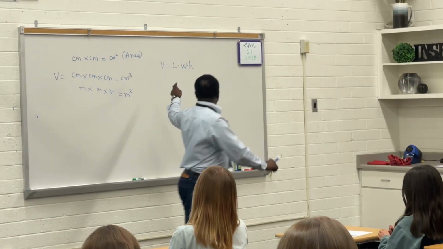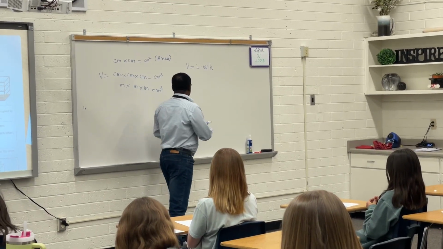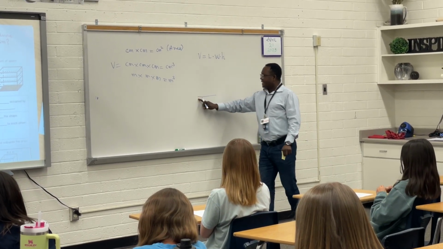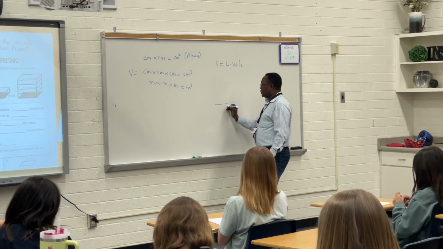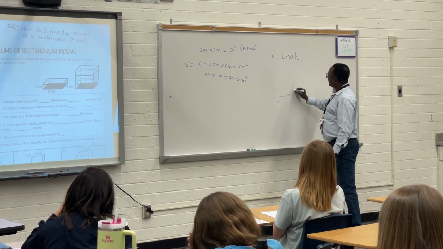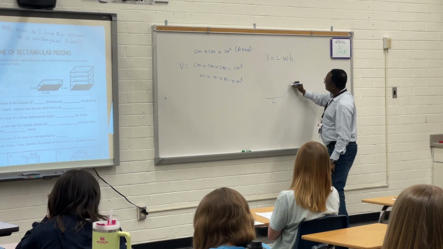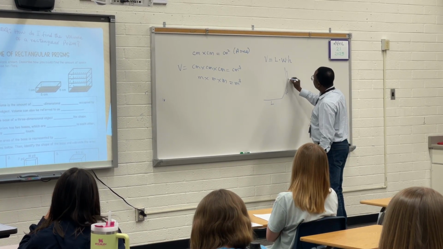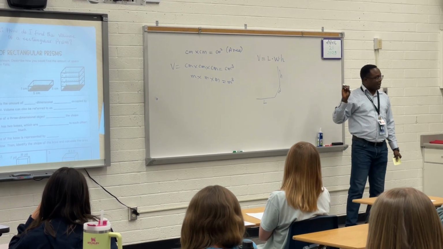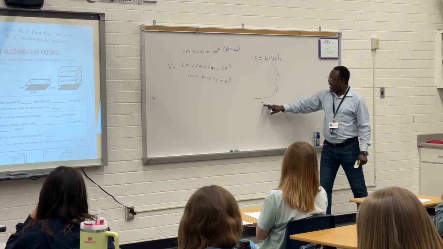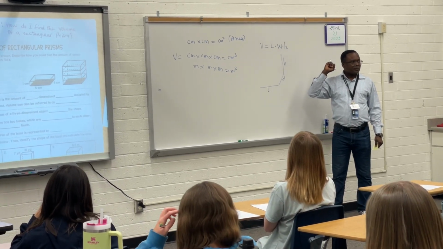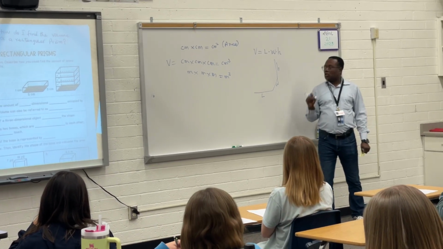For example, this will be the length. Don't forget, the length is the long distance. So we have the length, and this will be the width. So here is the width. And this is the height. So this will be the 3-dimensional figure, that's the 3D. So length times the width times the height. Are you with me? Good.